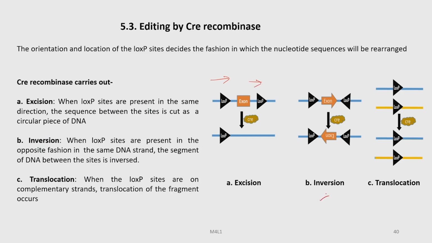In inversion, when LoxP sites are present in the opposite direction on the same DNA strand, the segment of DNA between the sites is inverted. While in translocation, when the LoxP sites are on two different strands, translocation of the fragment would occur.